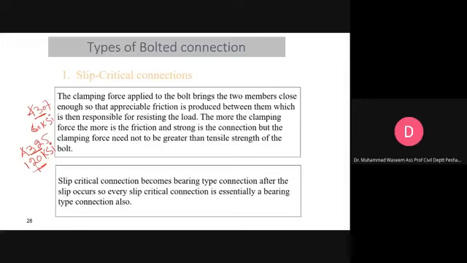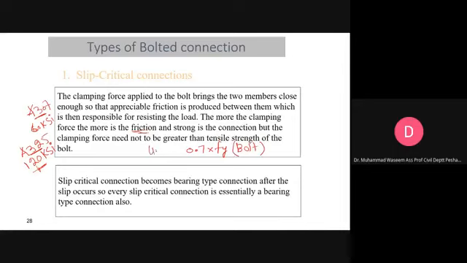If you tension it more, more clamping forces will be produced. If more clamping forces are produced, it will in turn produce more frictional forces. So you have to apply the torque. You can apply a torque up to 70% of the tensile strength of the bolt.